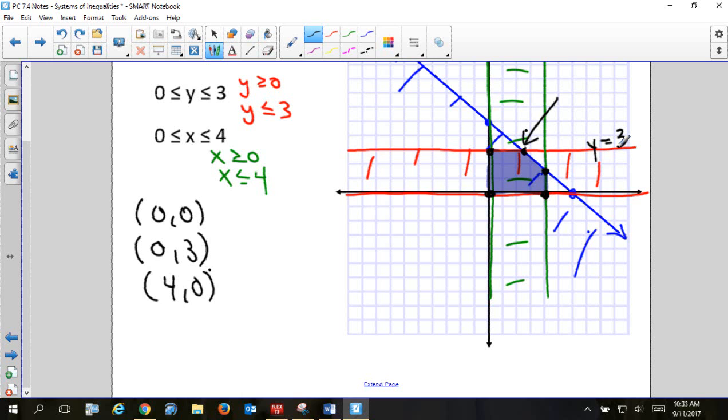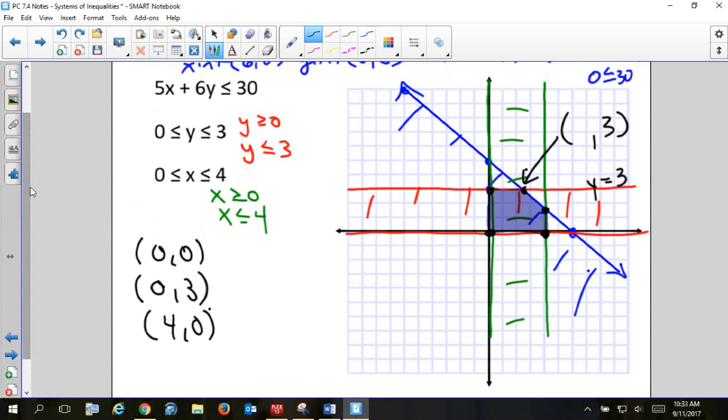So that ordered pair has to be something, 3. It's sitting on the line where y is 3. So if I know that the y is 3 and it's on this blue line, then it has to work in that first equation, and y has to be 3. So I'm going to put in y equals 3.